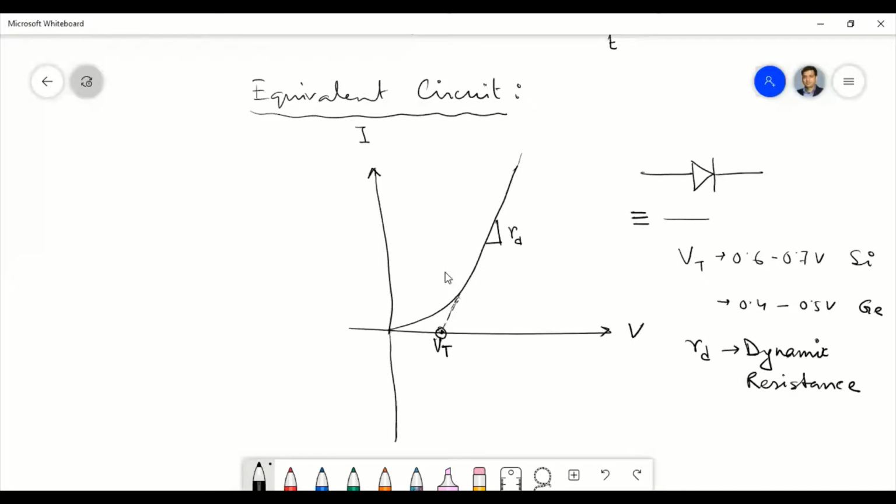Sir, a resistance and a voltage source in reverse. Correct. We should have a voltage source in the opposite direction in series with a resistance RD. So this is the VT and this is the RD. That is the equivalent circuit of the diode.